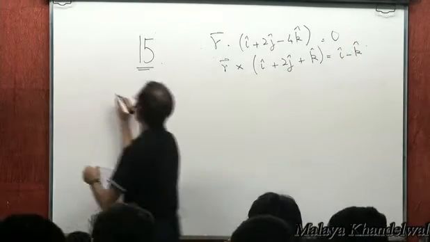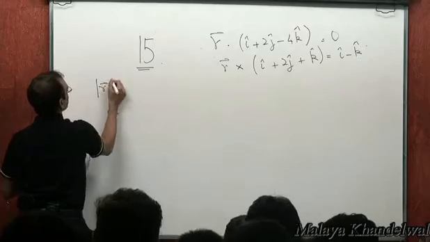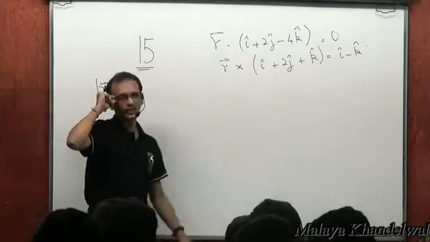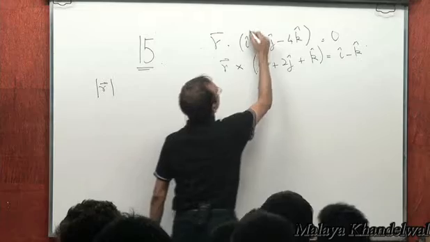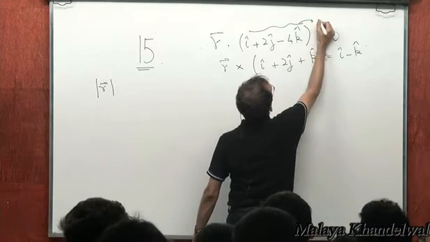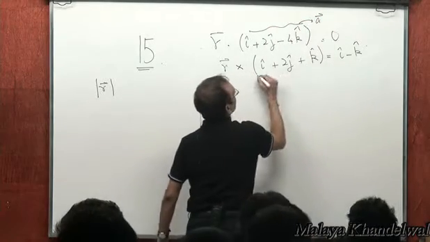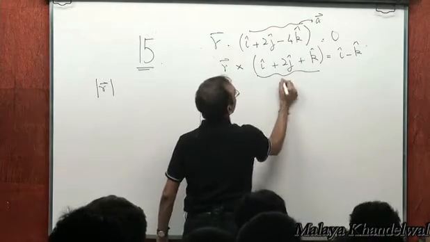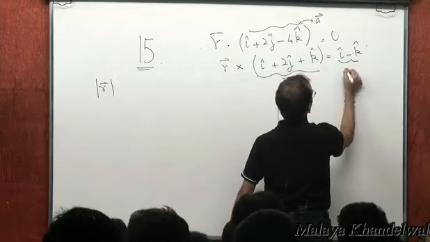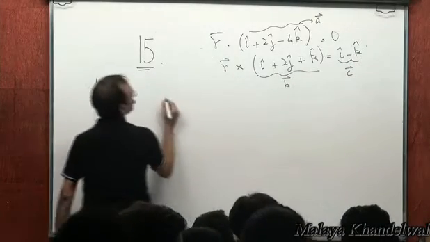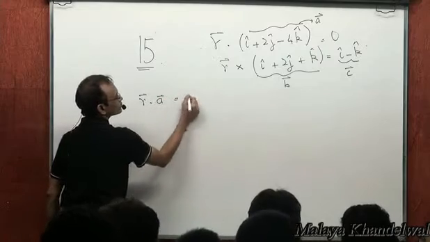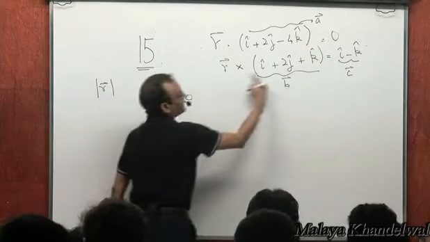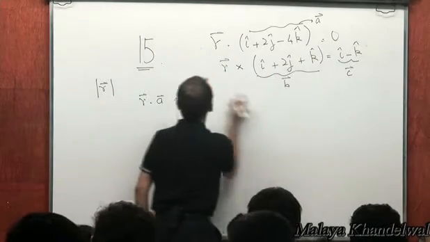We want to find the value of mod r. All right, just to make things look convenient, let me call the first vector A, the second B, and let me call this vector C, for example. So it's as if r dot A is 0, right? And r cross B is C.